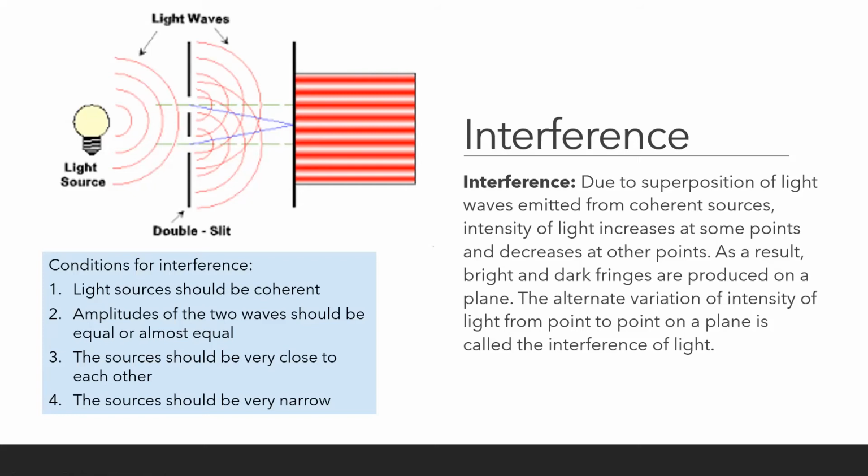Here we get dark and bright fringes, right? The phenomenon by which we get a bright fringe or high intensity light is called constructive interference. Now, if we get a dark fringe, that is low intensity, minimum intensity or zero intensity, it is called destructive interference.